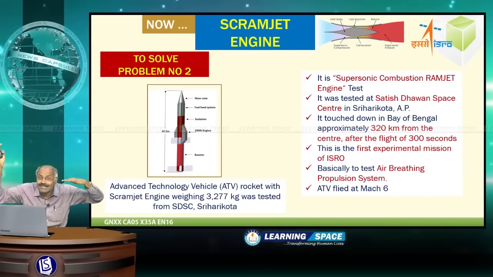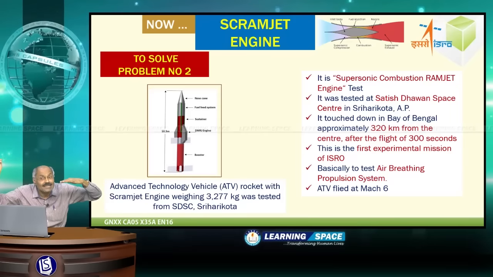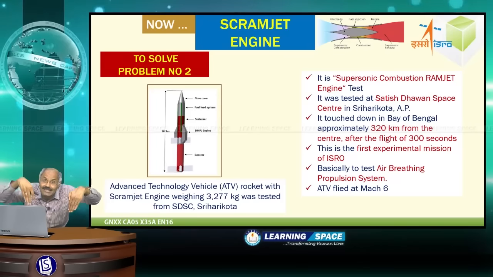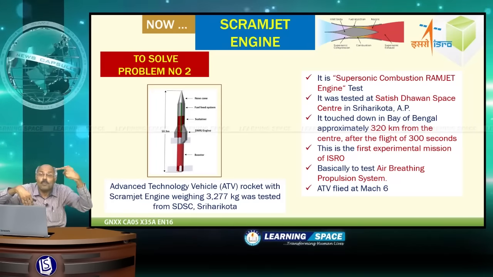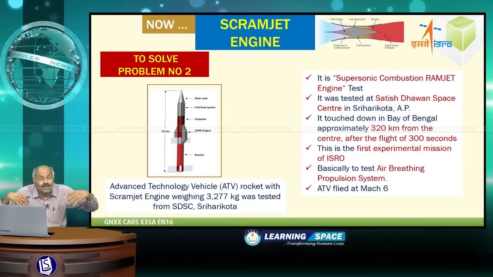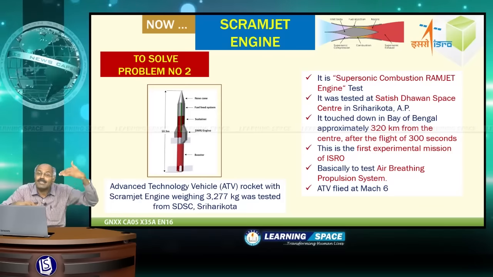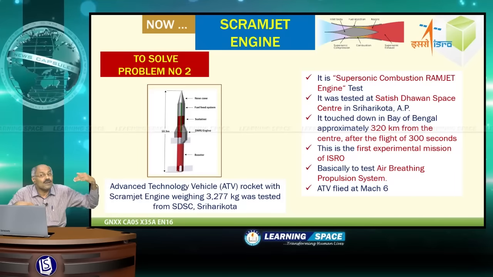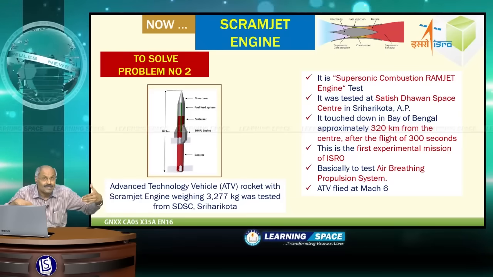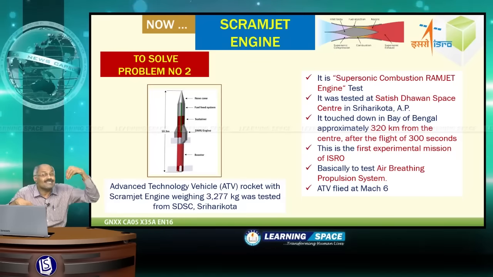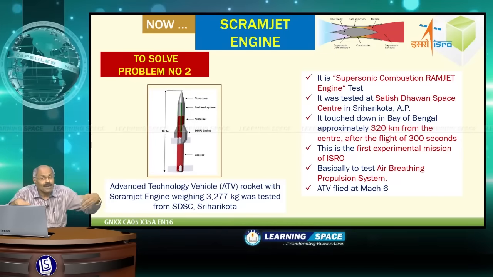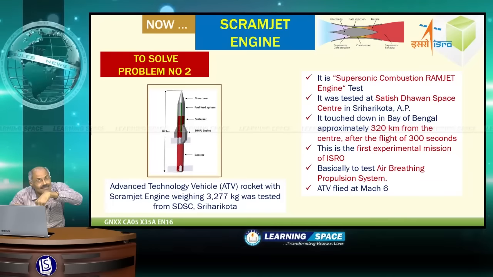If Mach number exceeds 4, then the ramjet engine's efficiency will come down. That's why now this SCRAMJET engine is tested. SCRAMJET means supersonic combustion ramjet. That means here combustion is taking place at hypersonic speeds of Mach number more than 5. The recent experiment was done at Mach number 6. So, you can say this is a supersonic combustion ramjet engine, right?